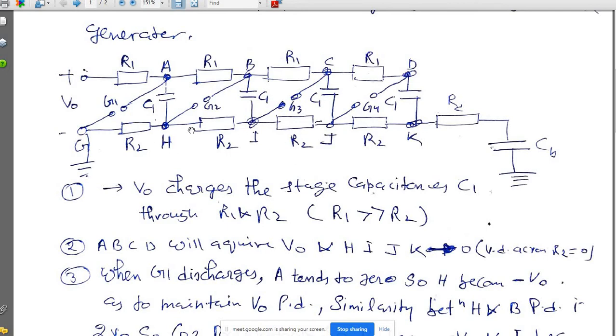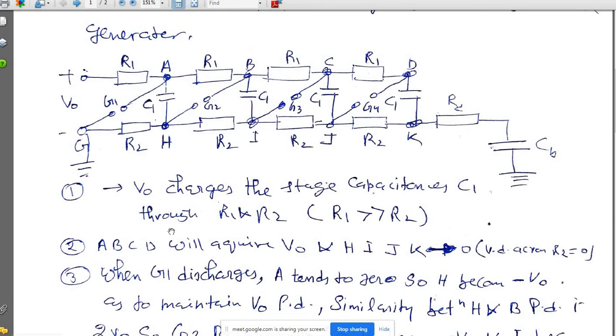Initially we assume C1, C2, C3 are fully charged and no discharging or leakage current is flowing through A and H. Then A, B, C and D are at the potential V0.